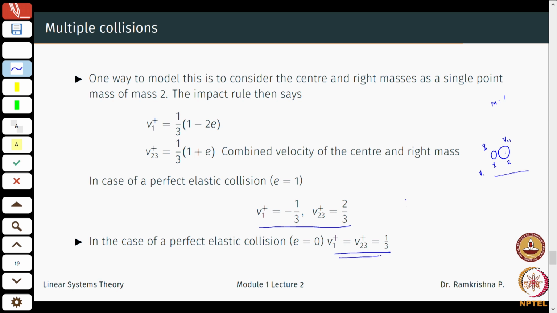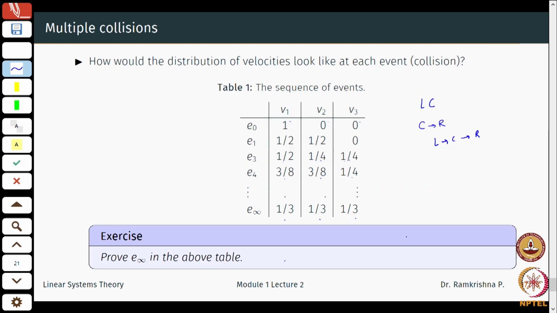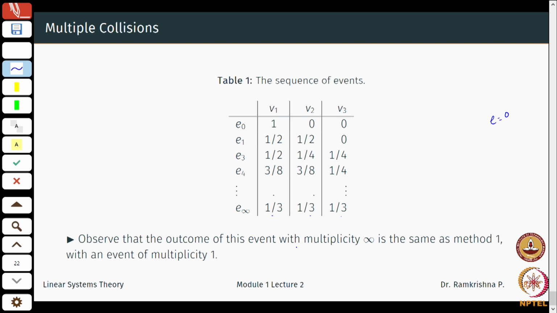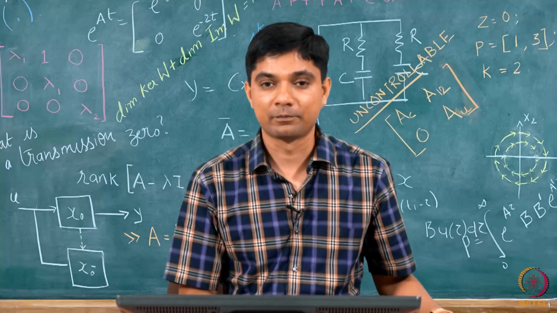You see this one, right? They are actually the same. Think of why this happens. The outcome of this event with multiplicity infinity is the same as method 1 with an event of multiplicity 1. Think of why this happens as we do a few more examples in the next lecture.